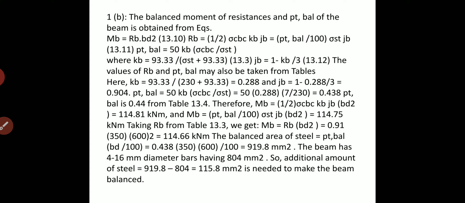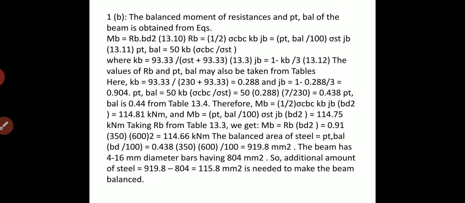MB from PT balance equal to PT balance divided by 100 into sigma ST JB BD square. After solving from this equation, we get MB 114.75 kilonewton meter.